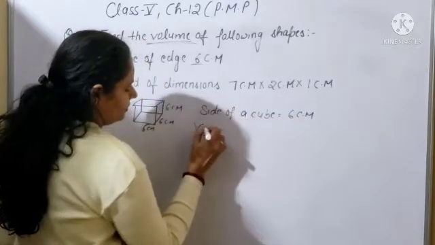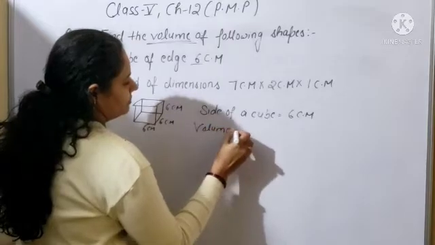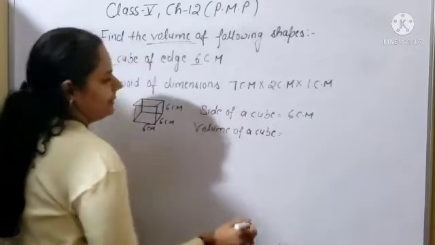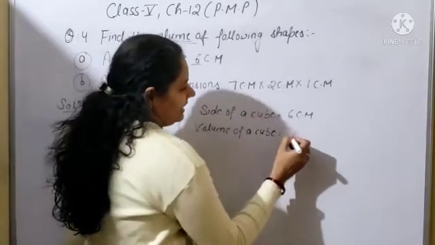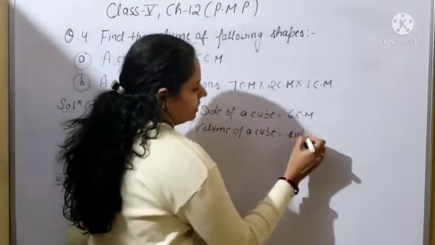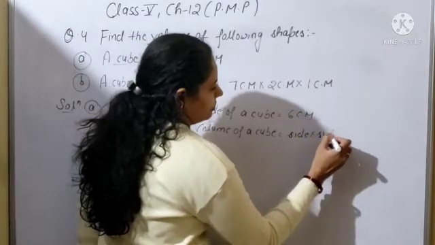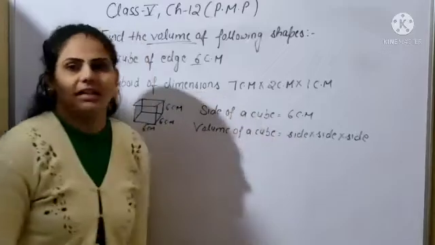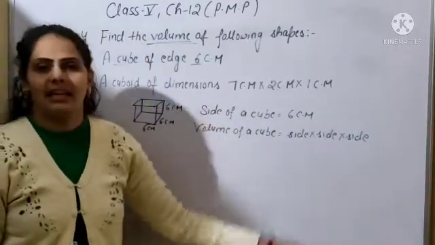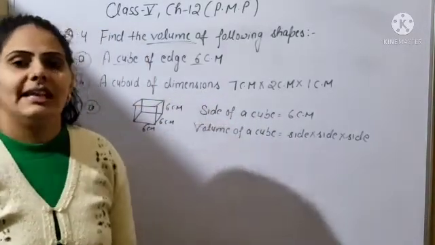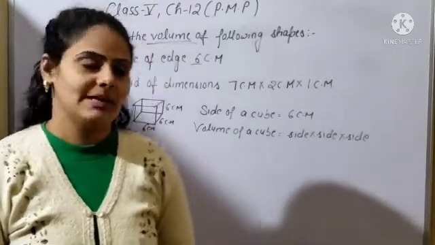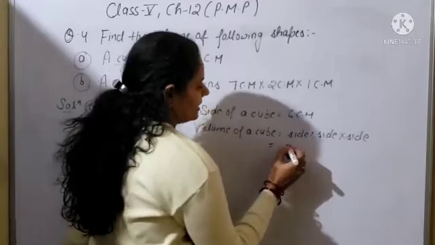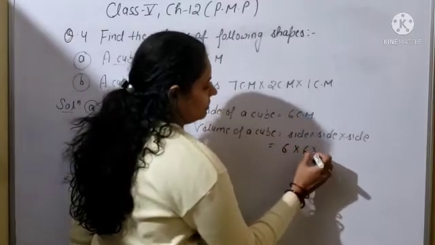So volume of the cube will be side into side into side, and you can write it as side whole cube because all the length, breadth and height of the cube will be the same. So all are given 6 centimeter, so you will put it as 6 into 6 into 6.